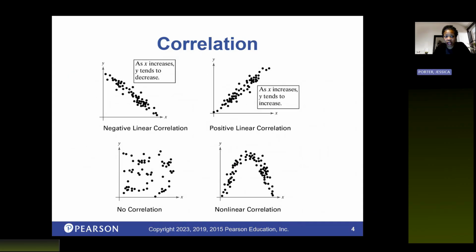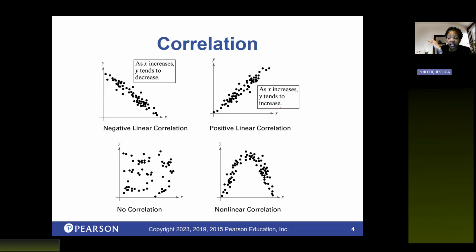Here are some scatter plots. When they say negative linear correlation, that means you're close to forming a line. As x increases, y tends to decrease. That's a negative linear correlation. Positive linear correlation is when we're moving up from left to right.